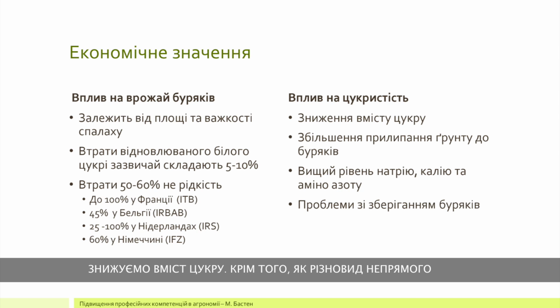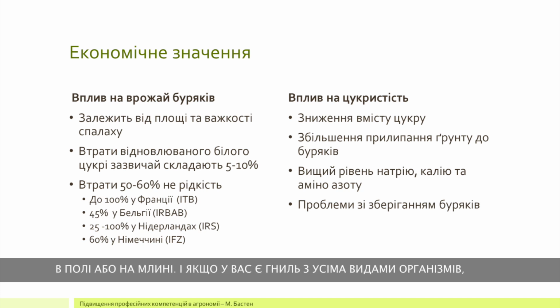Also, as an indirect effect, more soil sticks to the beet because it doesn't have a smooth surface anymore, and you bring more soil into the mill, which is very much unwanted and affects quality. Also, the recovery goes down because a higher level of sodium, potassium, and amino nitrogen is in the beet.